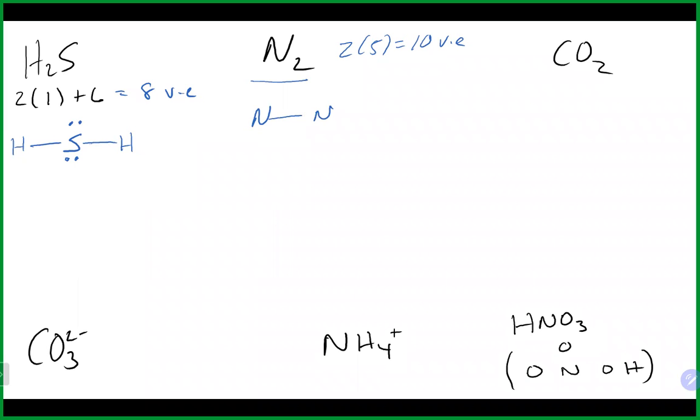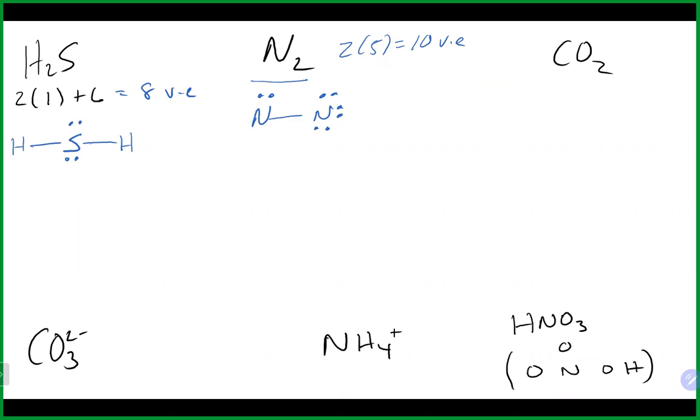And we're still going to do the same thing. We're going to put those on one and then work our way to the other nitrogen. So that's going to be 2, 4, 6, and that one's filled, and 8 at this point. So now I've put on all 10 of my electrons. Are both nitrogens good? Now, the one on the left only has 4 electrons.